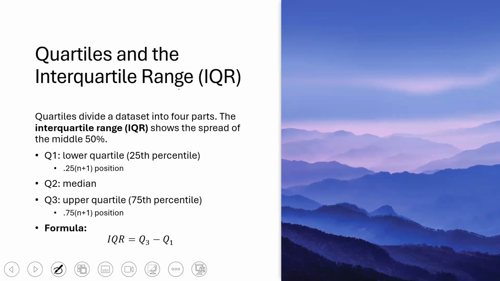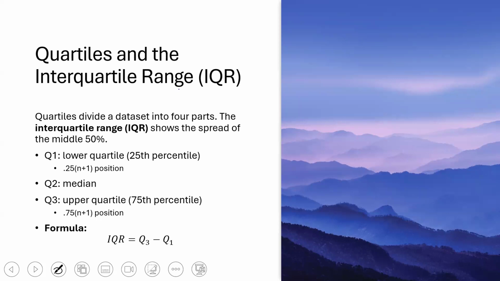Quartiles divide a data set into 4 equal parts. The first quartile, Q1, is the 25th percentile. That means 25% of the data falls at or below the Q1 value. The second quartile, Q2, is the median. That's the 50th percentile. And the third quartile, Q3, is the 75th percentile.